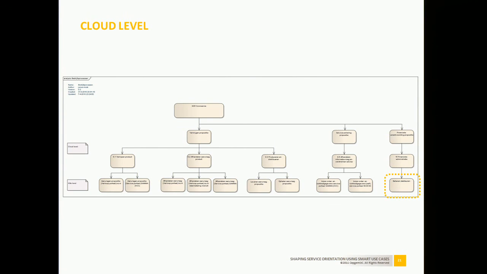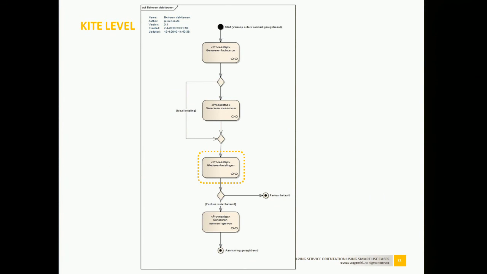So here's the project on top, and here are the processes that sit at cloud level, and we've identified all the kite level processes underneath. And I've put a line around this one because I'm going to look at the next level. This particular process is modeled out one level deeper. So this is a diagram that exists at kite level.